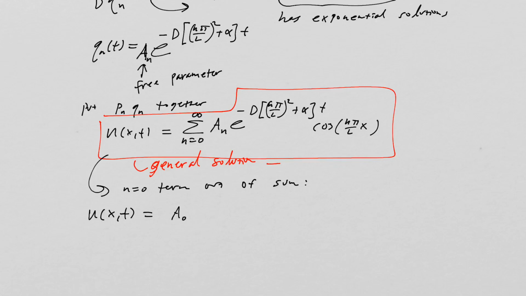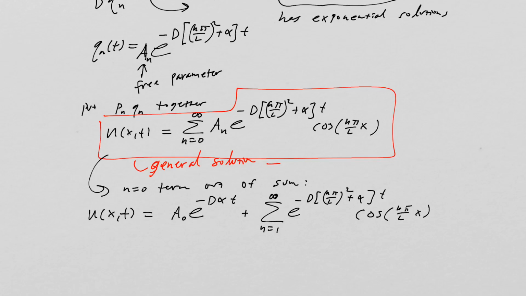So we have an a0 e to the negative d times alpha t plus the sum, n starts at 1 now and goes up to forever, of an e to the negative d times n pi over L quantity squared plus alpha times t, all times cosine of n pi over L x. Okay, what I like to see here is that this, of course, is that constant term. It's constant in space.